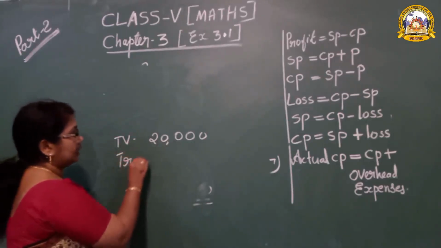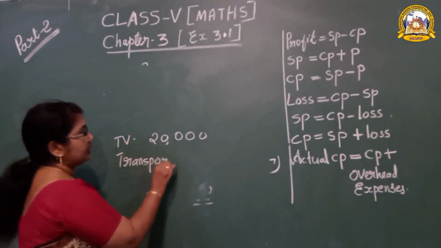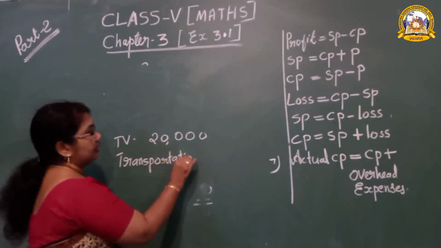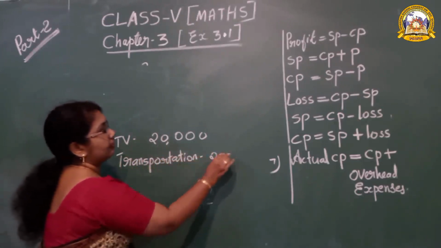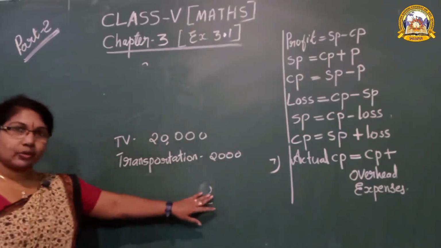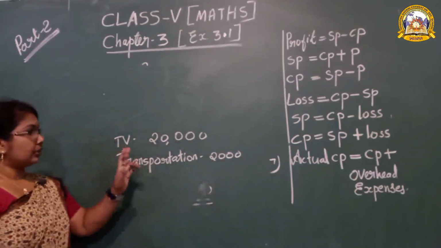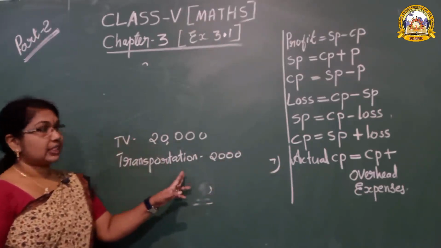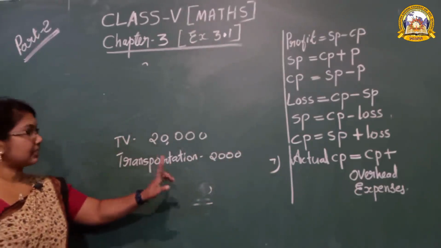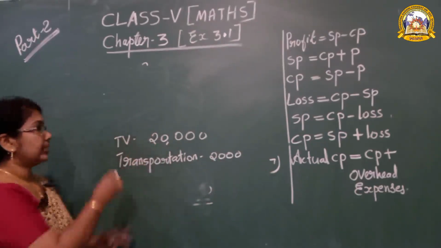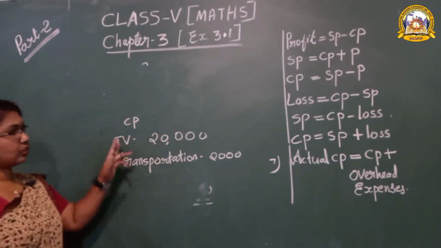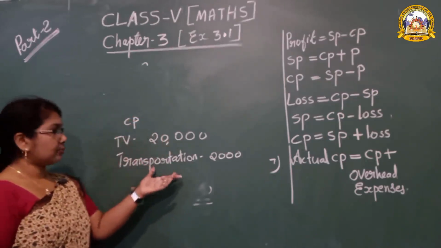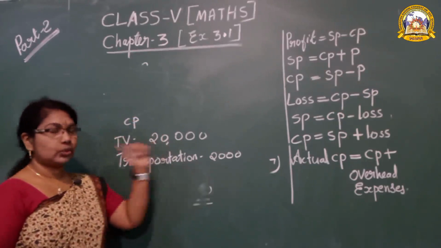It is called transportation charge. Transportation charge, they told they want 2,000 rupees. So this extra amount is called overhead expenses, that you have to add to CP. This is the cost price of the TV. You gave transportation charge how many rupees? 2,000.